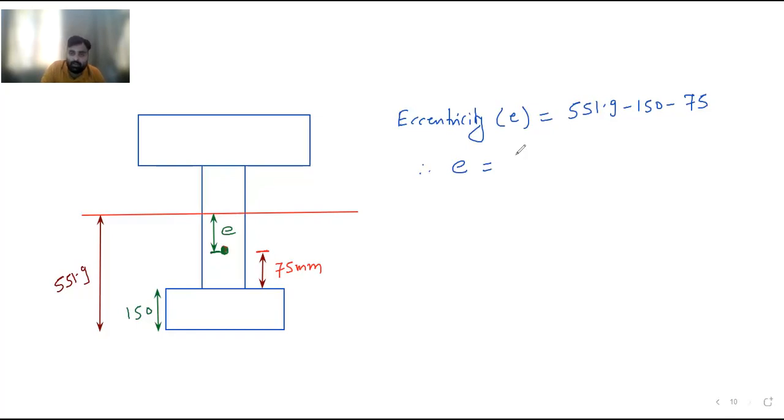Okay, so the eccentricity is 326.9 mm. So after the eccentricity, now we will calculate the total dead load of the beam.